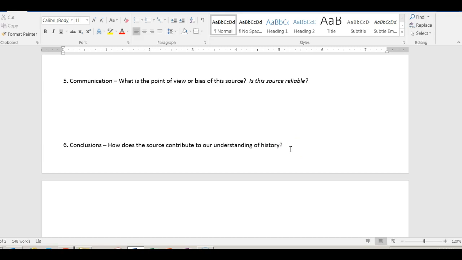For this question, you always want to be specific with how it helps us understand this part of history. Use part of the source to support your answer. For example, if the source is a photograph, describe how the photo helps us to understand this era.